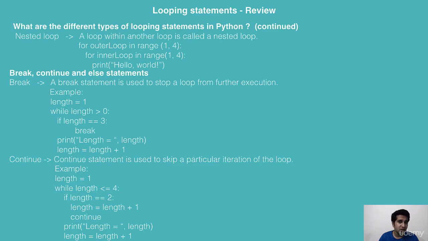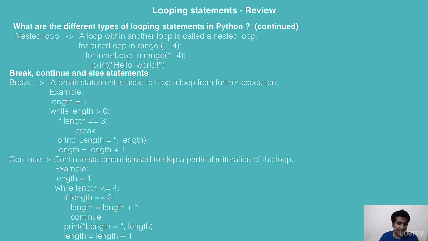Now the condition we are checking within the while loop is if my length is equal to 2, then increase the length and then continue. So when your length is equal to 2, without printing the length, you increment it to the next number. So our output for this would be 1, 3 and 4. When you encounter the length with the value 2, that particular iteration gets skipped.